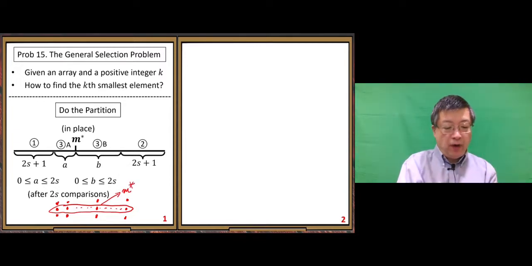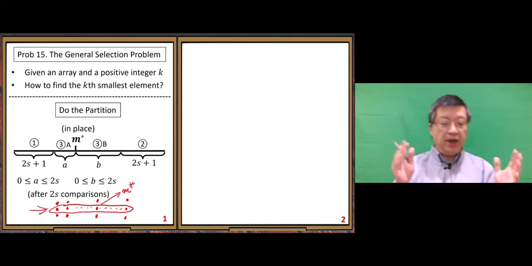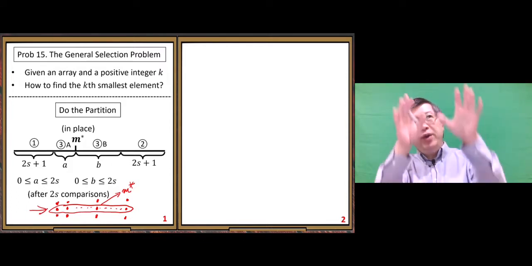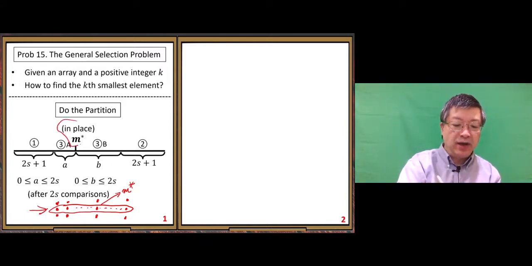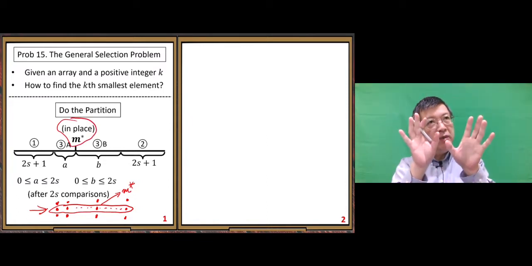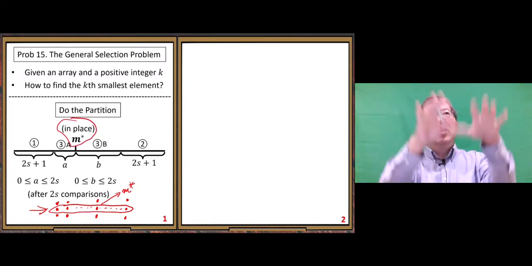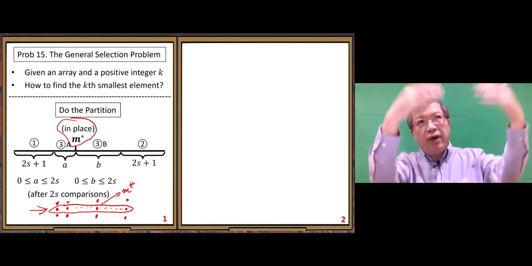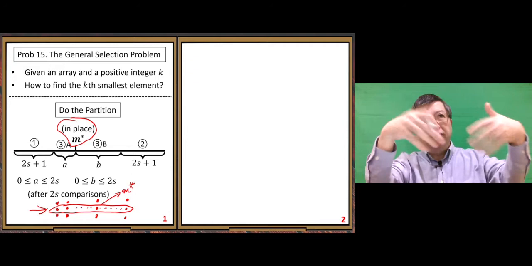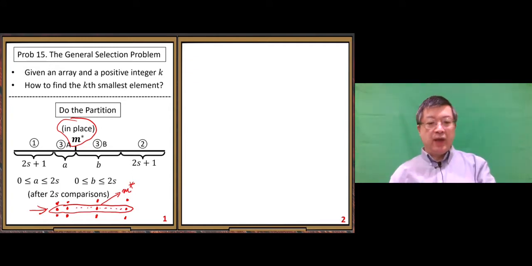Then we use that element as the partition element, and we do the partition. So we inherit that from the first half.